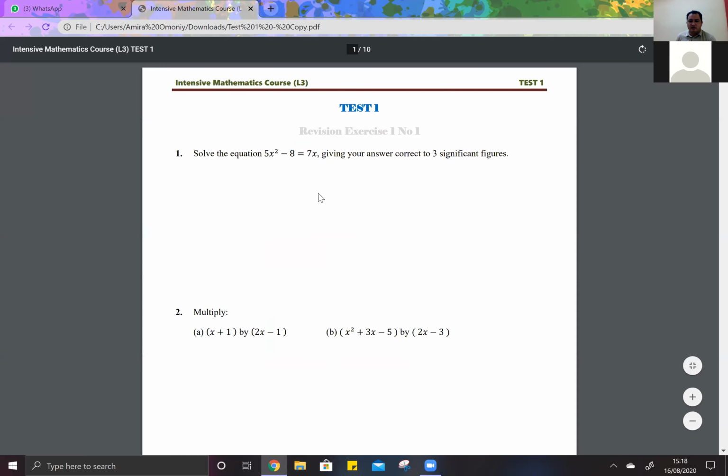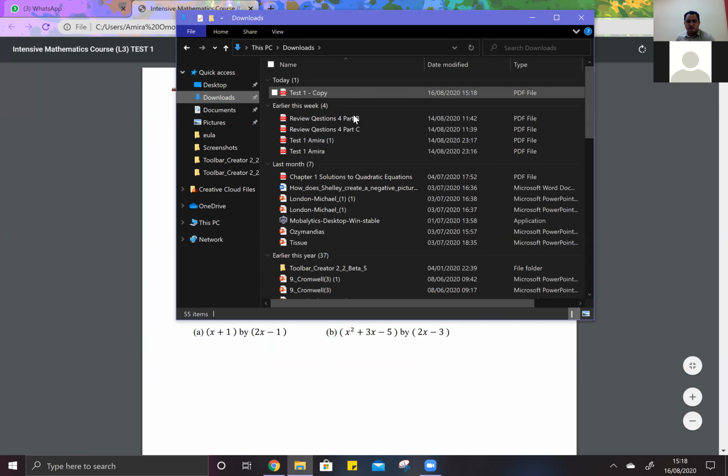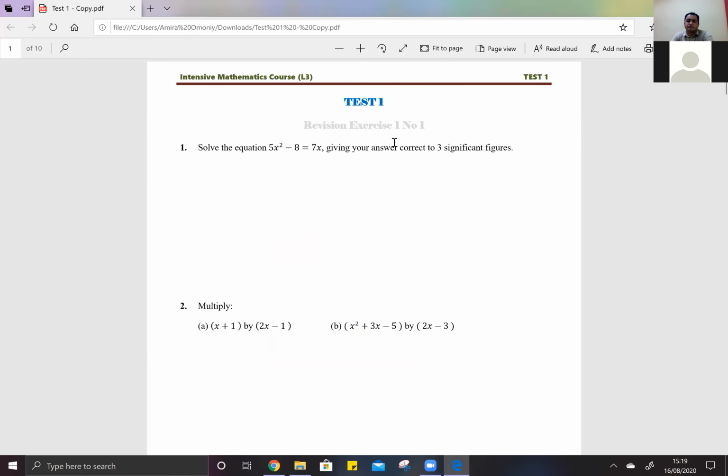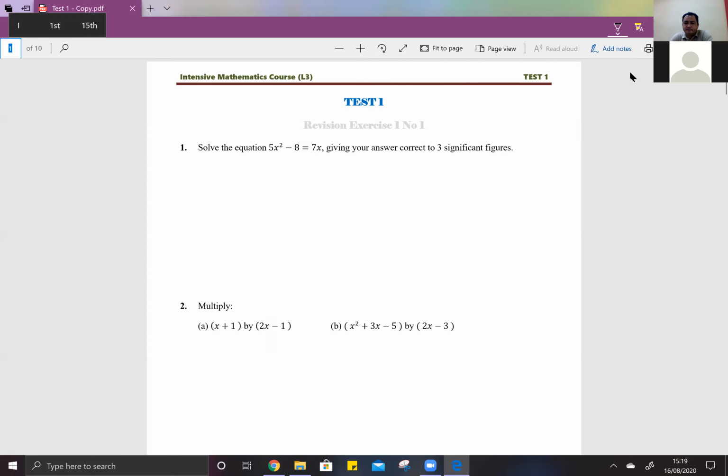I'm going to open it with Microsoft Edge. First, download it, and can you open it with Microsoft Edge? Okay, can you zoom in a little bit?